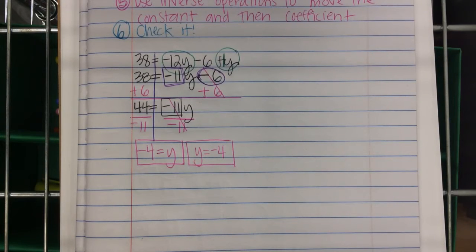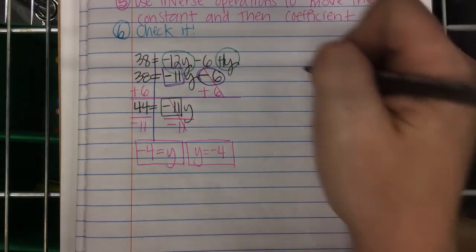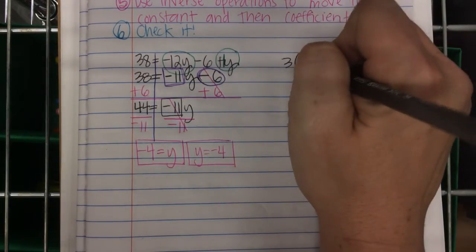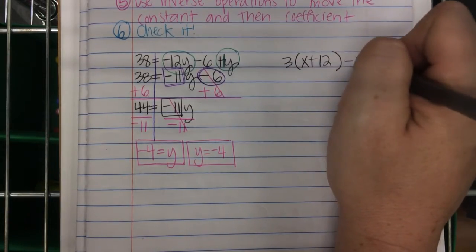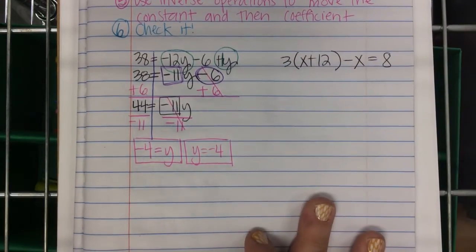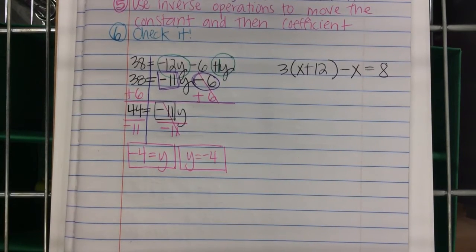Let's try another one. Three times x plus 12 minus x equals 8.